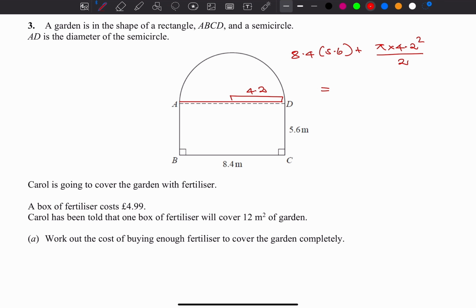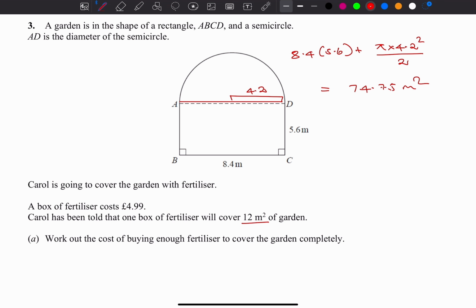So what we've got? 8.4 times 5.6 plus pi times 4.2 squared over 2, which will make it 74.75 meters squared. But remember, one box can cover 12 meters squared.